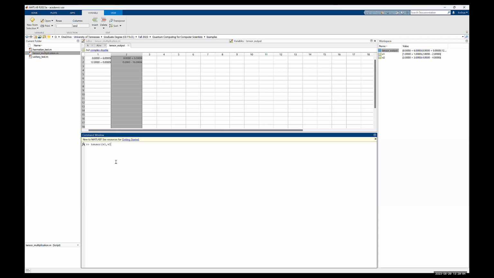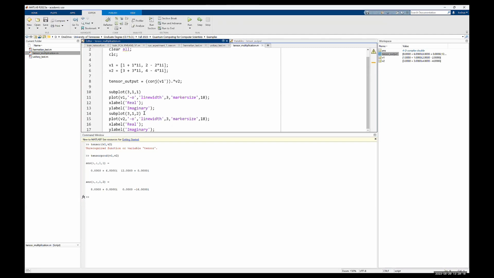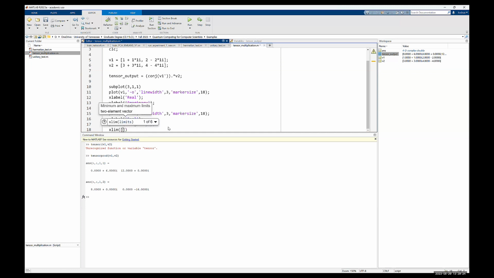Sorry, I got the same result. Yeah, 0, 6j, 8, 0j. That's correct. I got the same result from Python code. Okay, excellent.